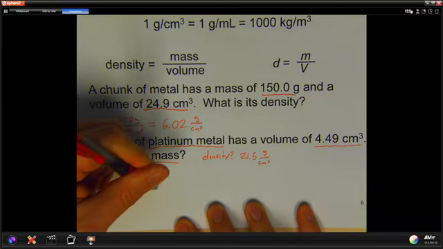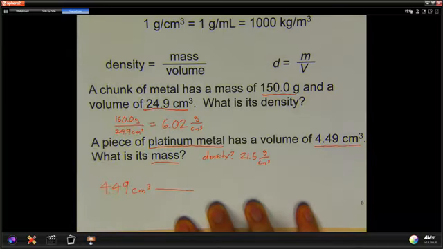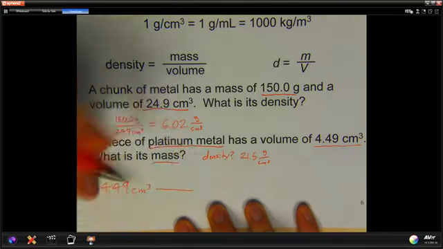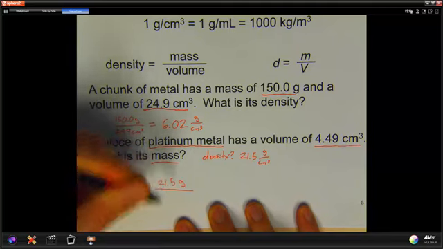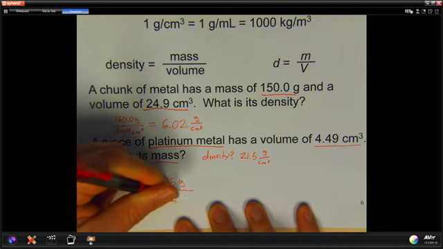And then we want to set up a conversion factor so that the cubic centimeters cancel and we have hopefully mass as our unit on the top. And we see those are the units we have in density. So we would put 21.5 grams on top, 1 cubic centimeter on the bottom.